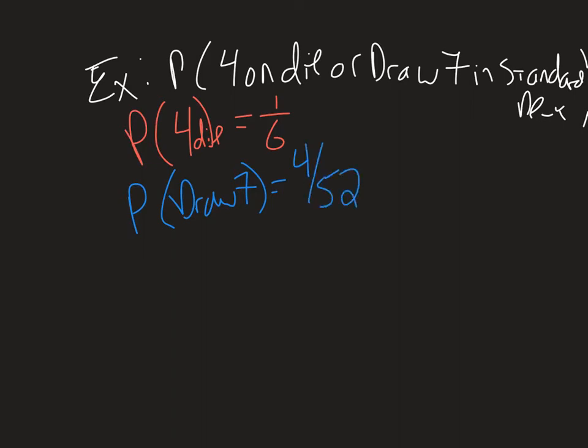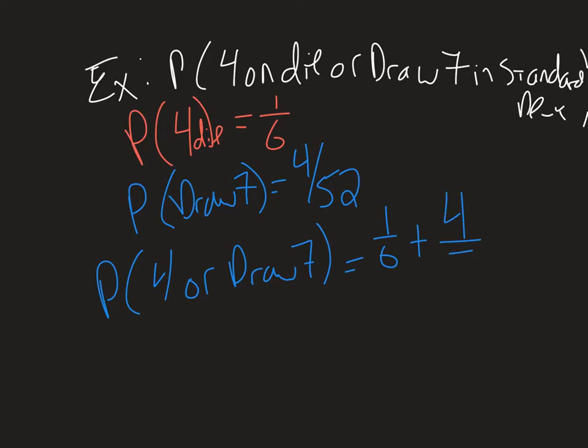So the probability of a 4 on a die or drawing a 7 is going to equal 1/6 plus 4 out of 52, which we can find common denominators or convert them to decimals and then add them that way. But that's how we would solve that problem. And since we're dealing with things that are mutually exclusive and independent of each other, one's not going to affect the other, we can just jump right to the addition because we're talking about OR.